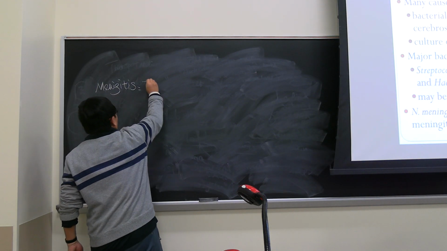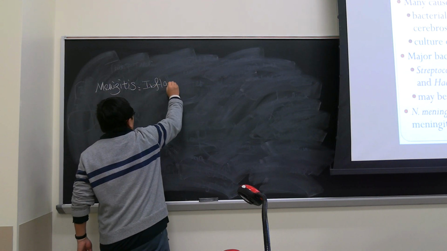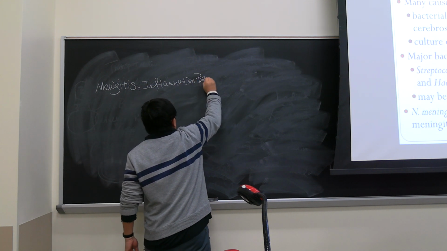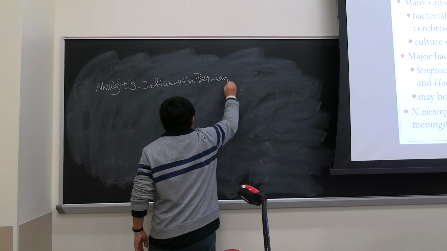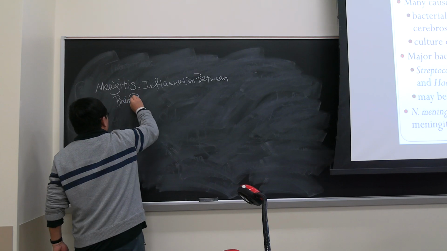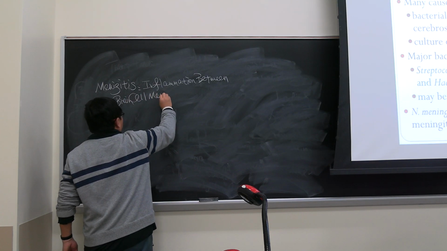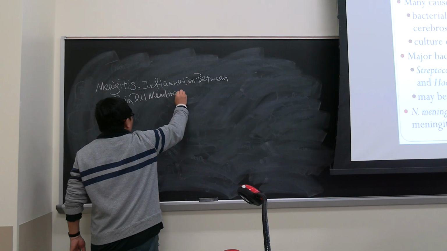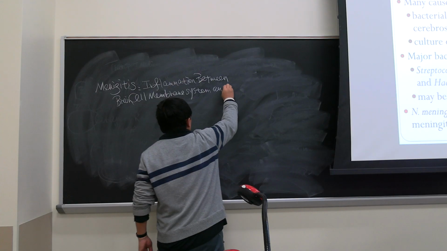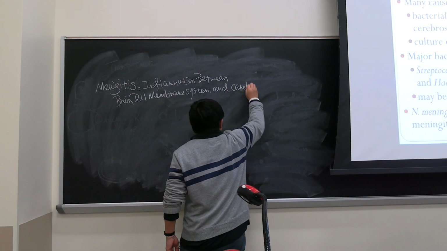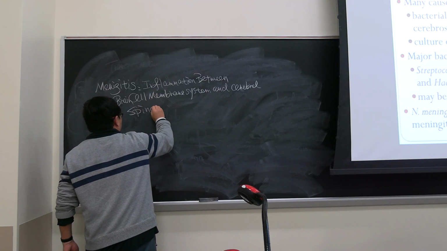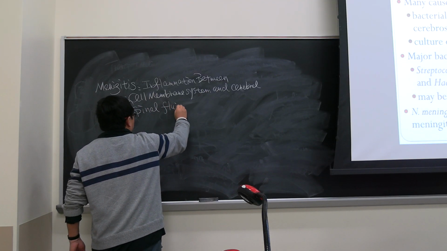Meningitis is usually the inflammation between the brain membrane system and the cerebrospinal fluid, the spinal cord.